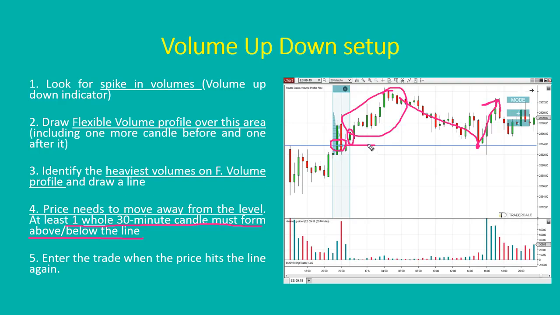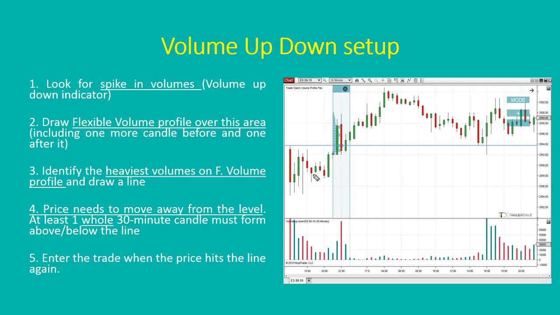You enter in the direction where the price moved away from the volumes. So the price moved upwards from those volumes, which means you will go long when the price hits the level. No need for any confirmation, you just enter at first hit. For example, when you trade on euro dollar, I traded with a 10 pip stop loss and 10 pip profit target.